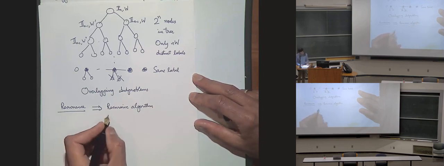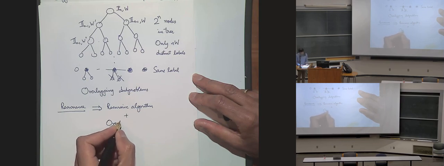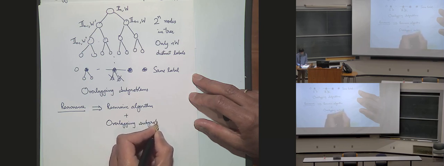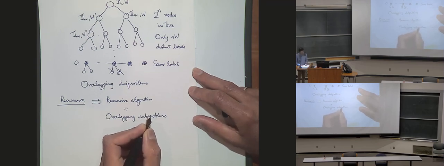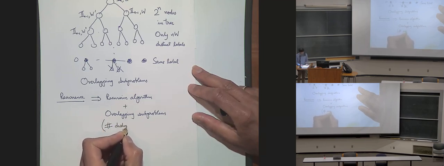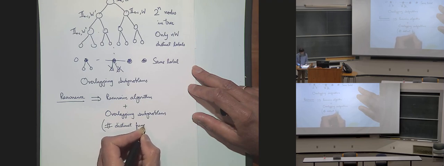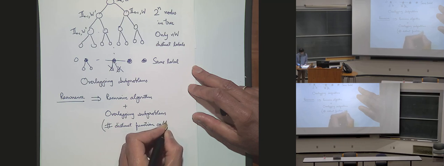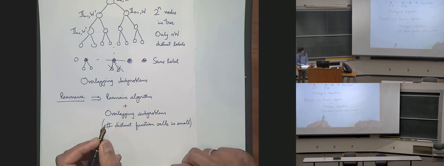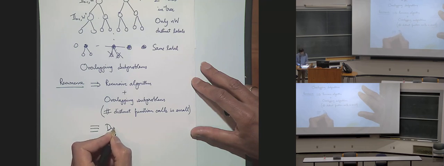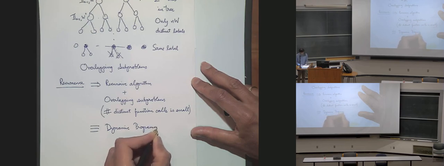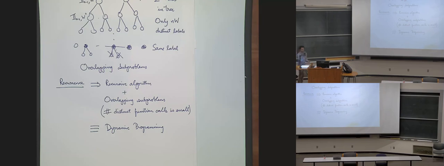And then you observe overlapping subproblems, which is the same thing as saying that the number of distinct function calls is small. If you see both these features, then that leads to dynamic programming. Now I just have to tell you how to put it together for the dynamic programming.